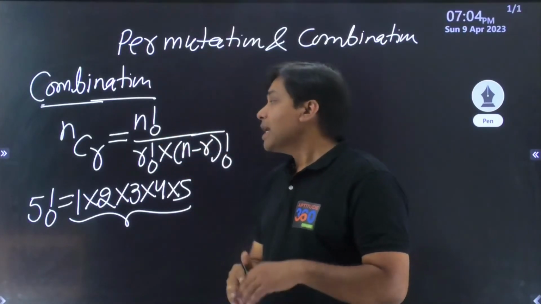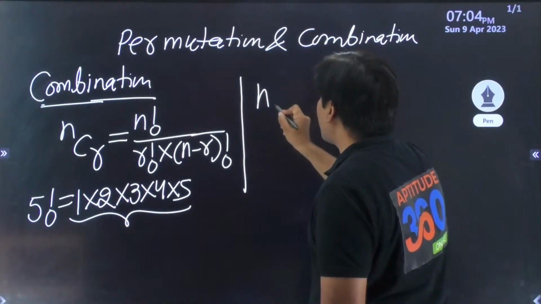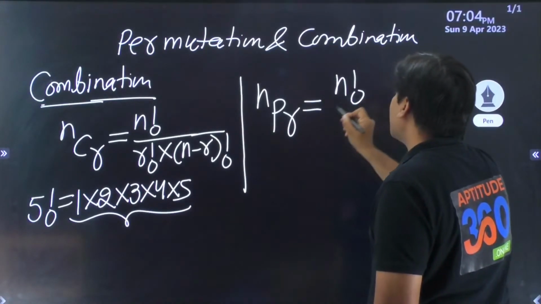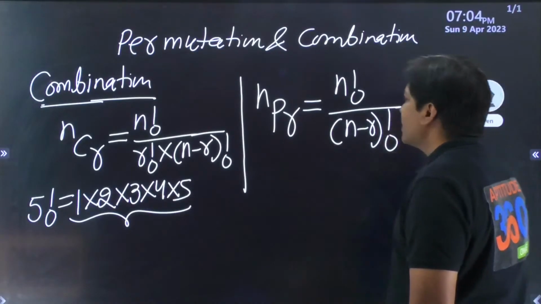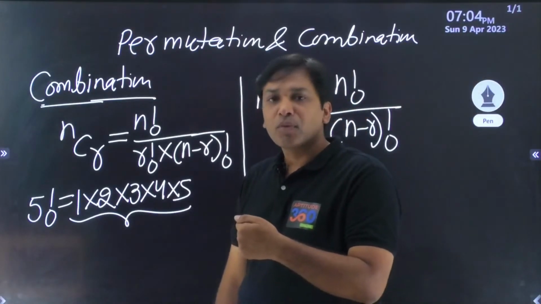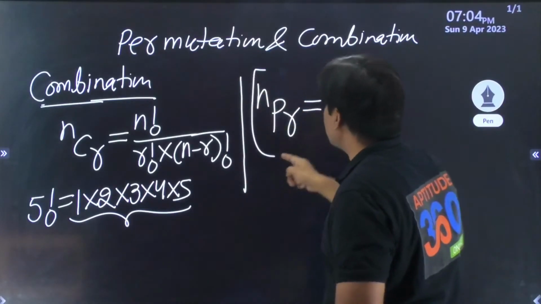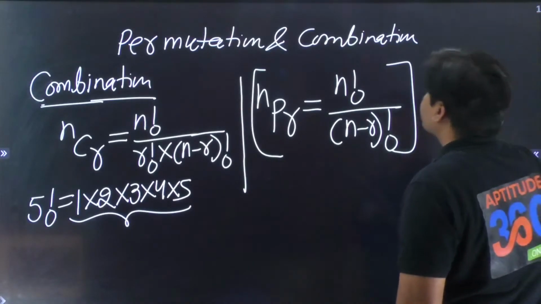Do you understand this? Now, in the last class, we talked about that nPr is going to be n factorial upon n minus r factorial, right? This is where we ended the session. We will start the session from this particular formula itself.